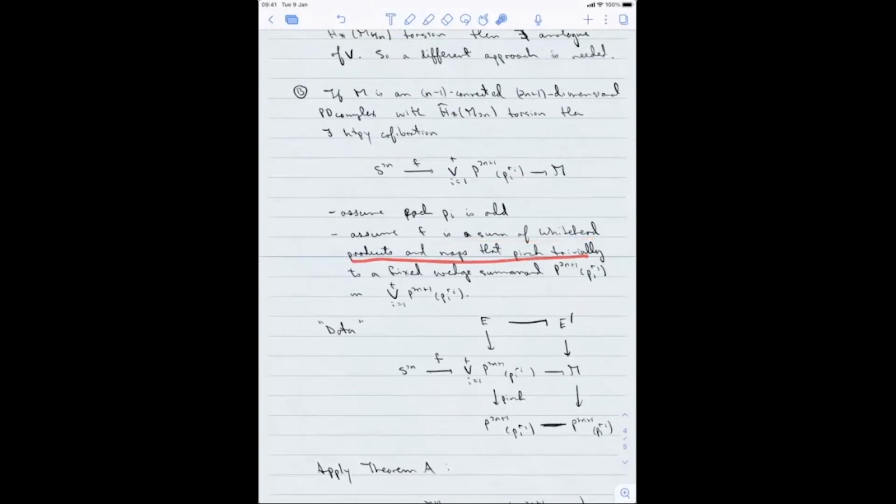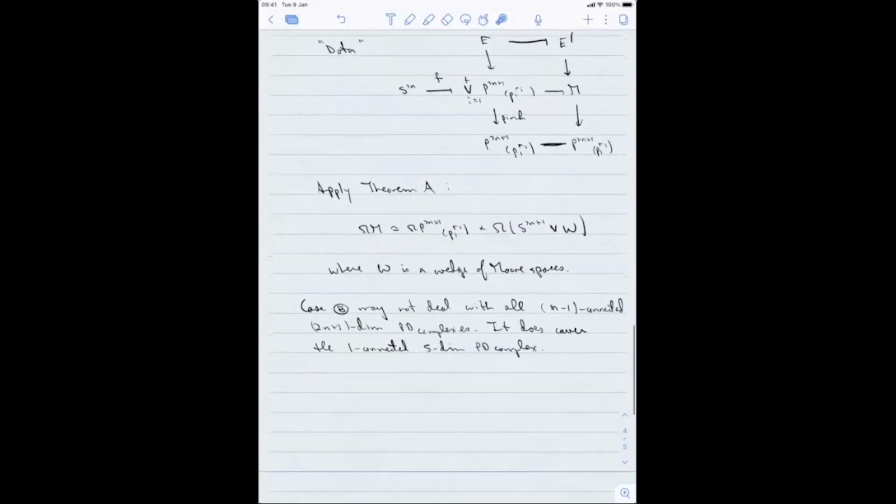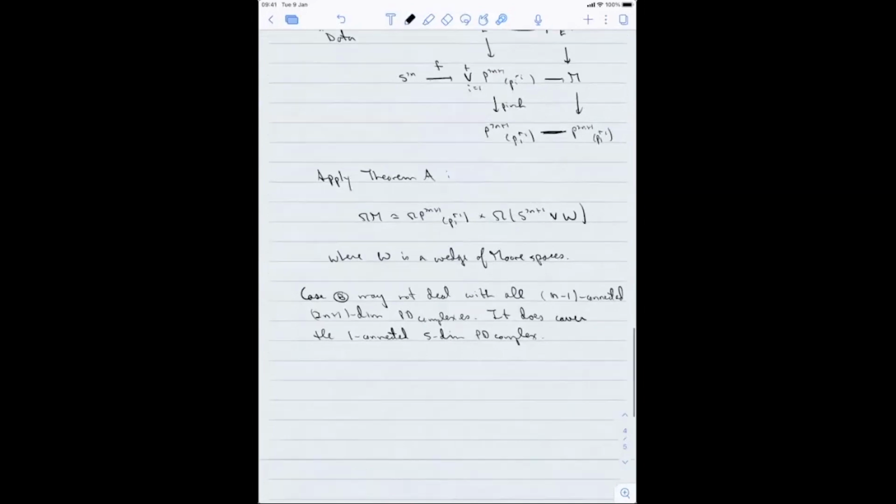It's a sum of Whitehead products and maps that pinch trivially to one of the fixed Moore space wedge summands.